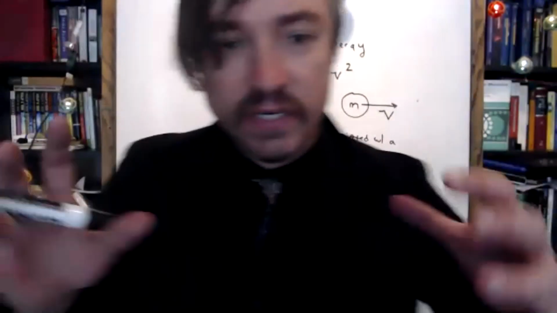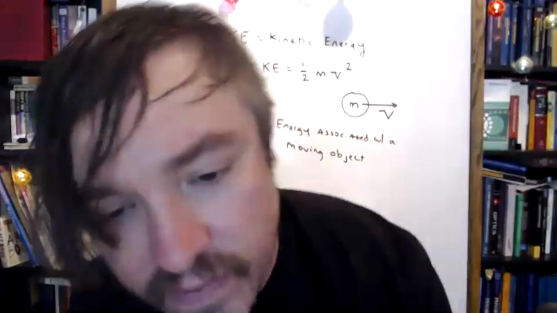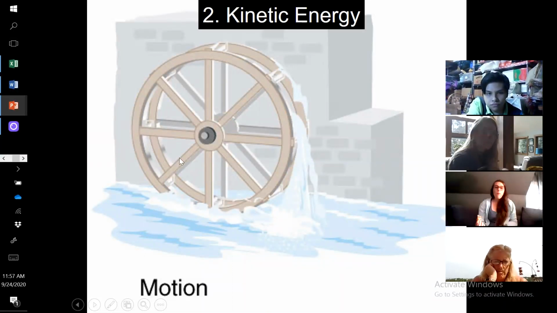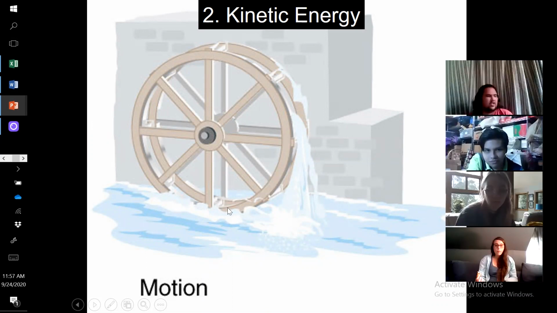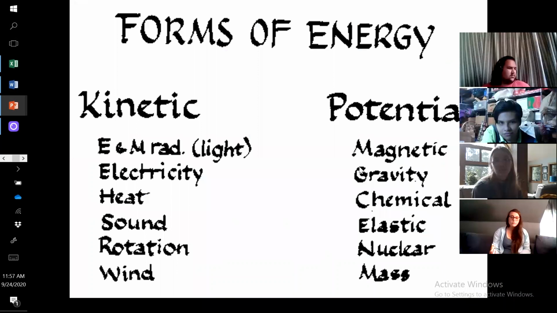Most things, when you deal with energy, tend to fall into one of two broad classes: kinetic or potential. Maybe I can show you guys a lame slide that will support that argument. Oh, here's a peaceful use of kinetic energy. I could take the moving molecules of a river and I could get them to rotate this turbine, and I could create some electric energy that can power my Nintendo, okay?